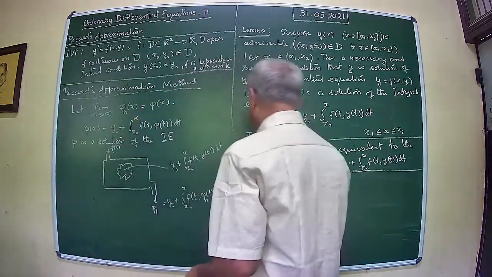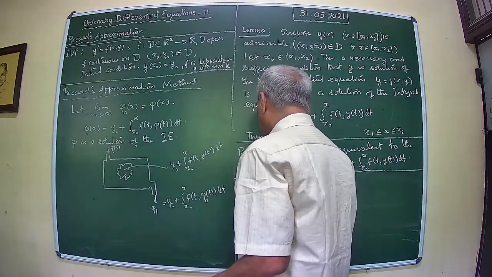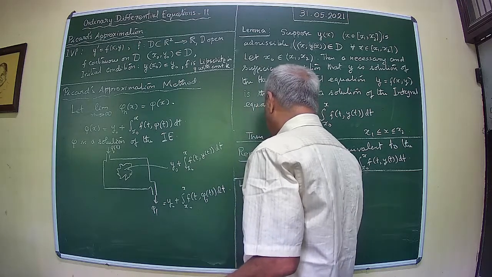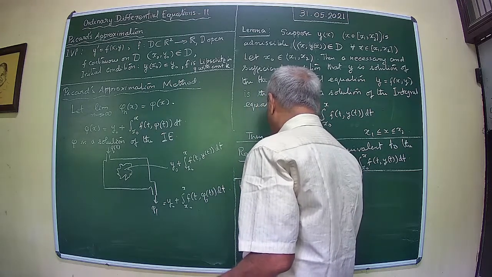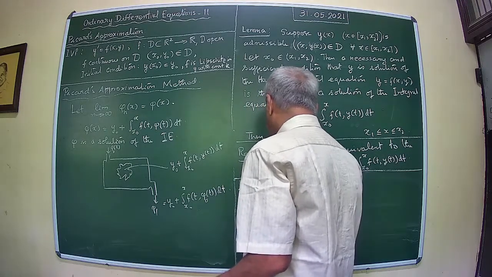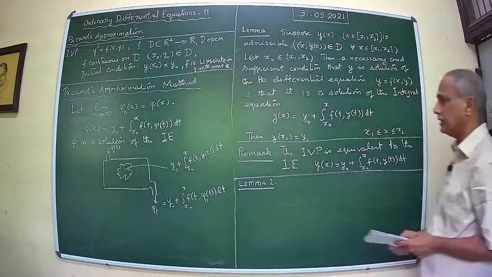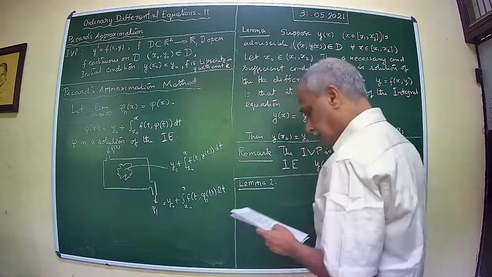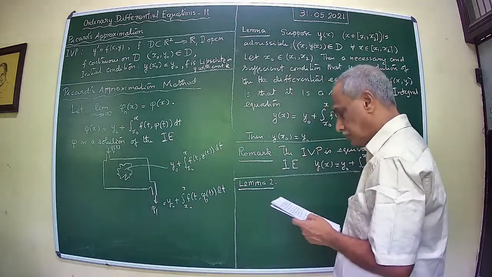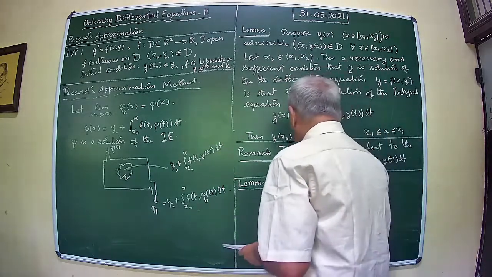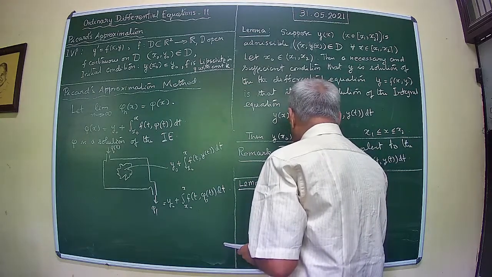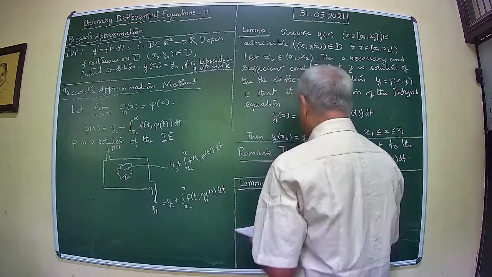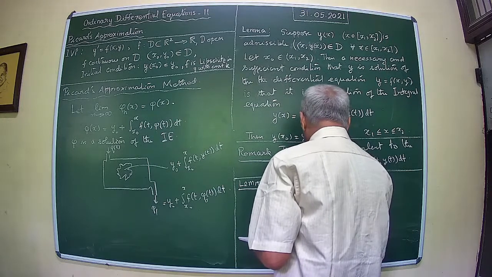Now we have the following lemma. So now we are slowly working on the various results that are needed to substantiate your operations. Suppose you take R to be as defined there.